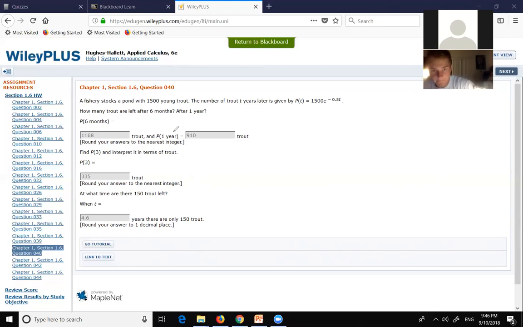Okay, let me find a calculator so I can try that with you here. You said that P of 1 year is not correct. Let me try it now. So minus 0.5 power and multiply by 1500. I got the correct value. If I plug in 1 for T in my calculator, then I should get the number here.